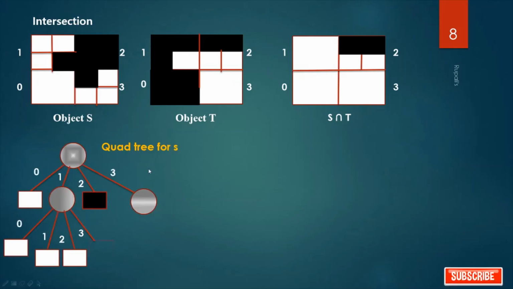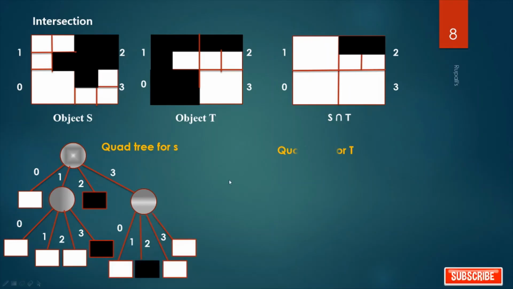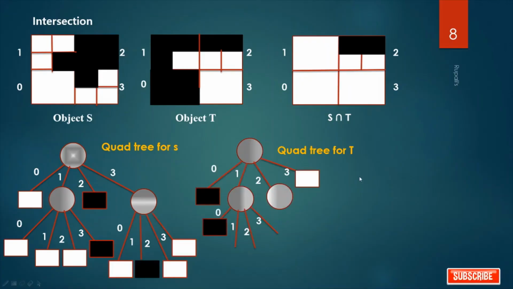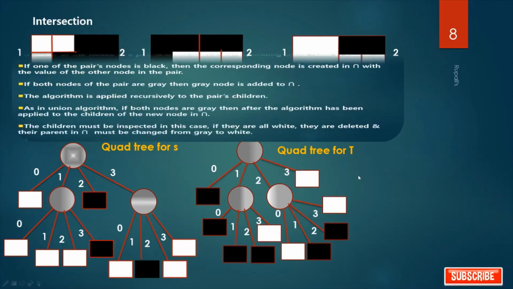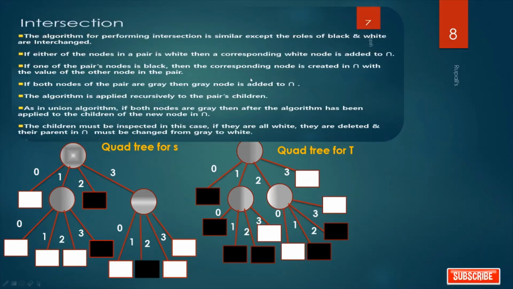Now for intersection, we already learned how to draw the quadtree for object S. So first draw the quadtree for object S, then draw the quadtree for object T. Now these are the rules for intersection. Now you have to draw the quadtree for S intersection T. So first both are gray.